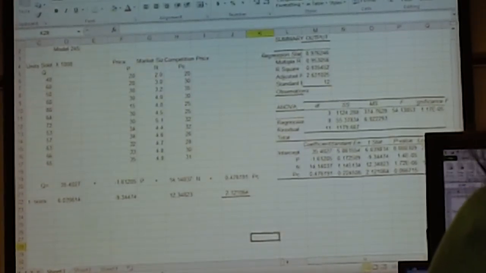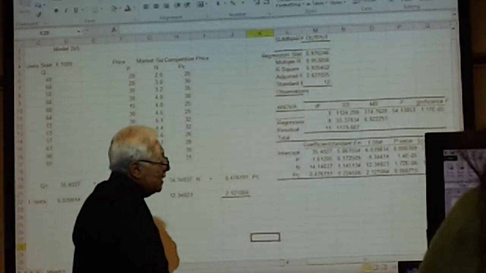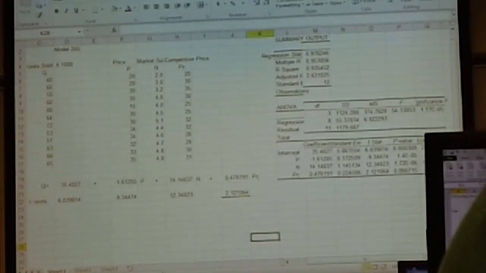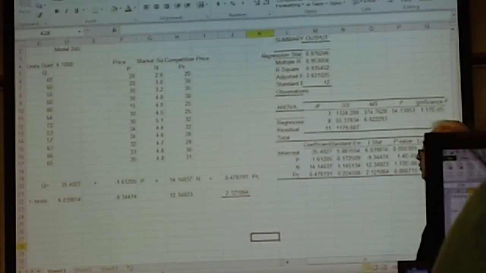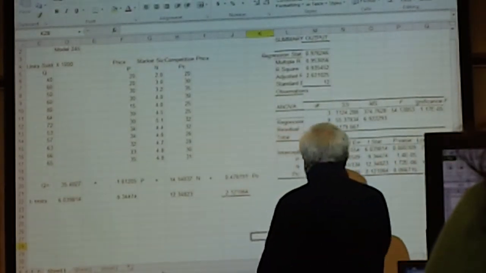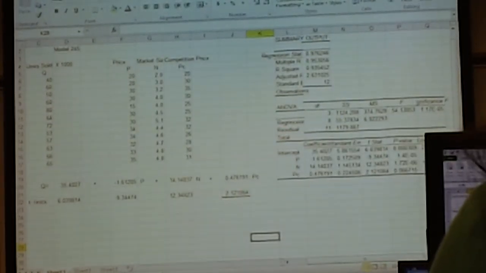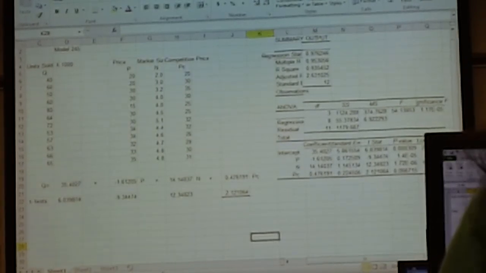Now, the first one is 6 for the B0 term. Now 6 is way beyond 2, it's way out here. So we reject H0, and we say that that coefficient is different from 0. So we're happy with that. Okay. The second one is -9. It's way to the left of -2. We reject H0, that means we're happy with that coefficient.